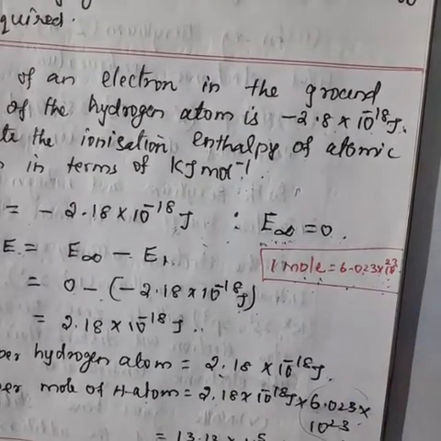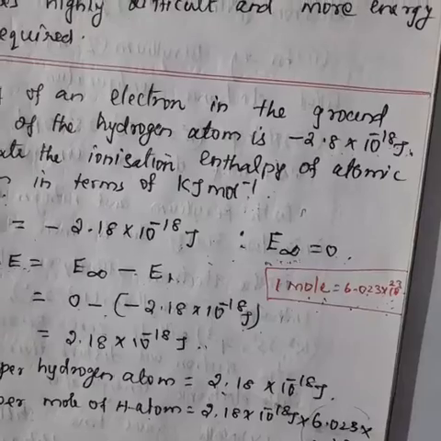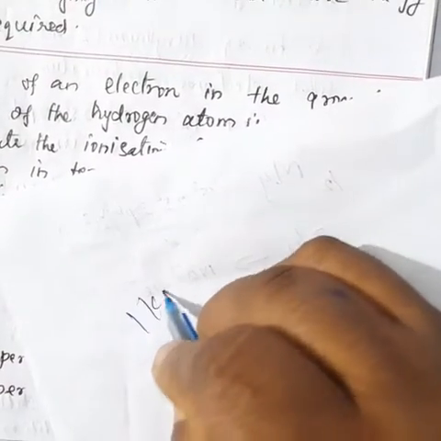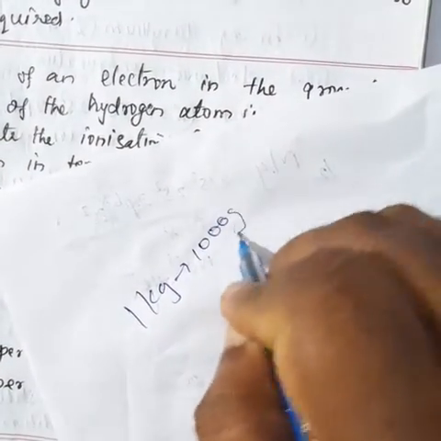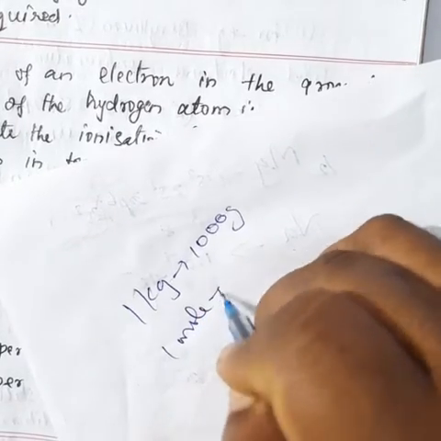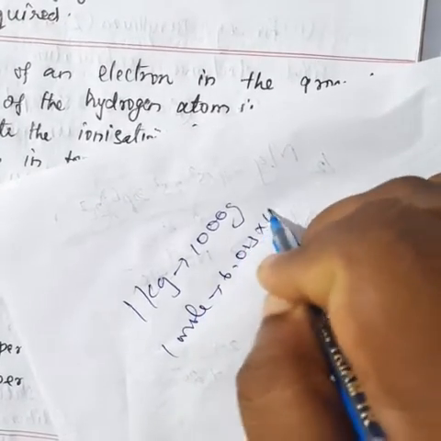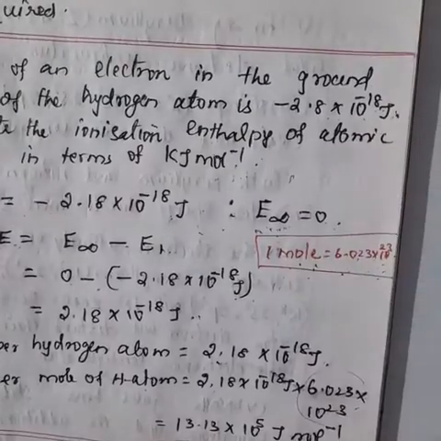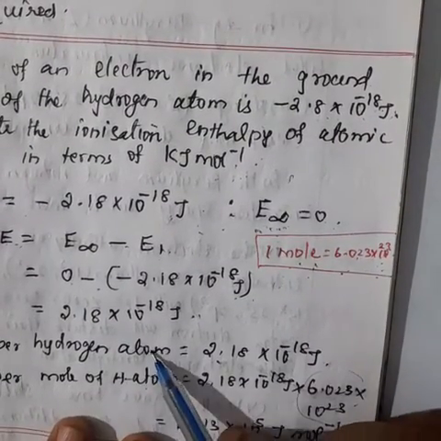So the ionization energy per hydrogen atom is 2.18 into 10 power minus 18 joule. So the ionization energy per mole of hydrogen atom means for 1 mole of hydrogen atoms.